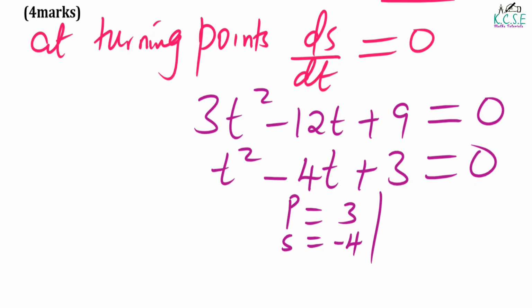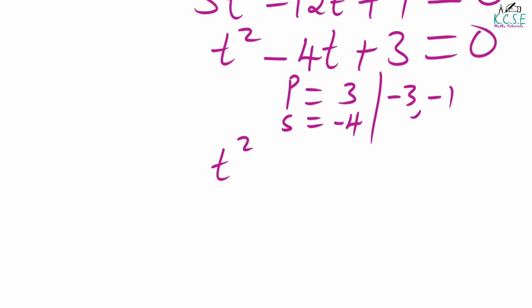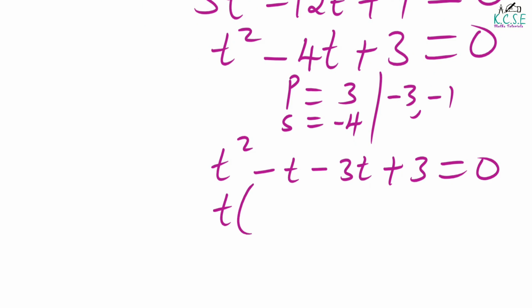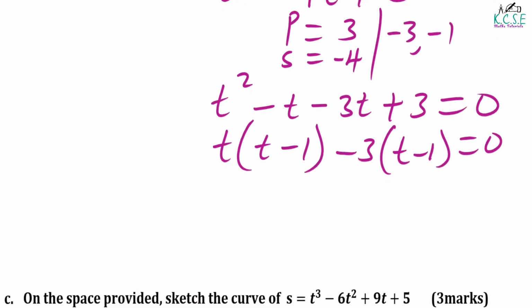So these will be negative 3 and negative 1. So we get t squared minus t minus 3t plus 3 is equals to 0. So t factorize: t minus 3 t minus 1 is equals to 0.